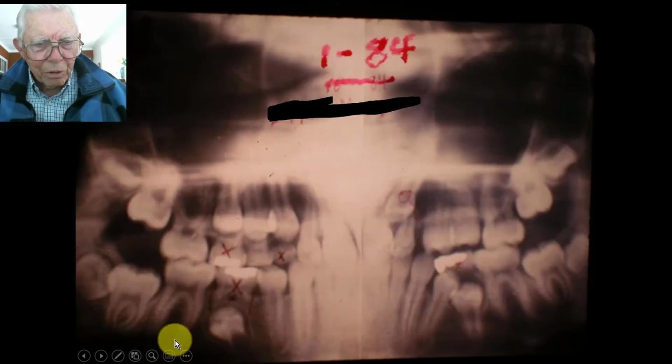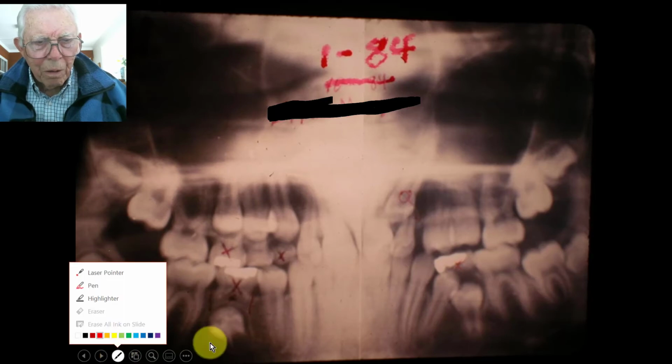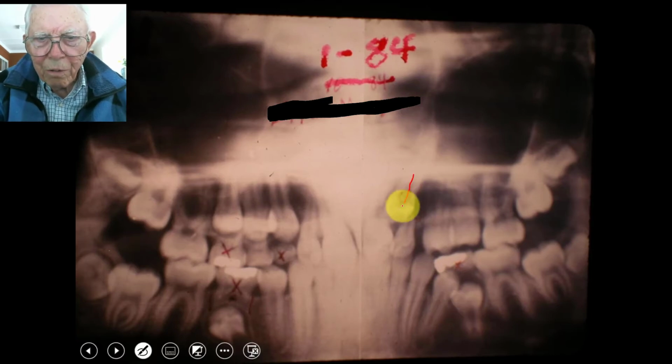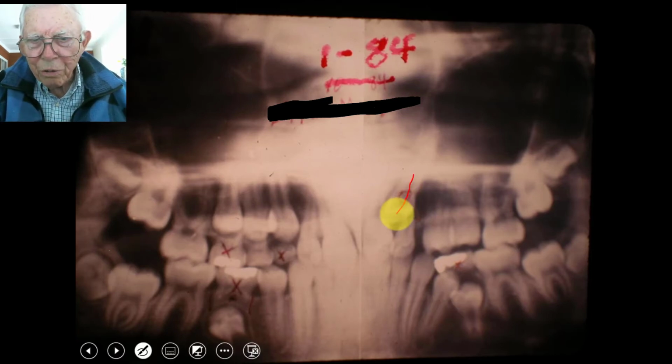Let me mark this. It's got to be on the pin. Now this is coming down, and this will come over on this next X-ray, and you'll watch.